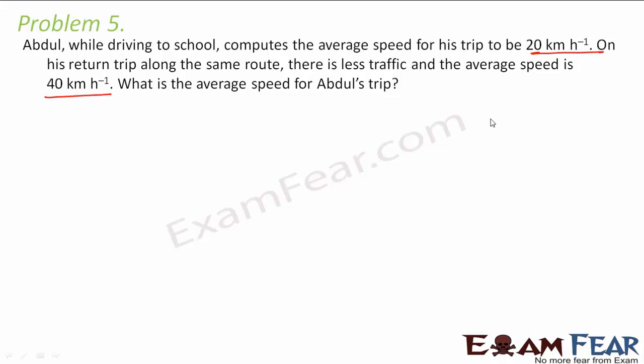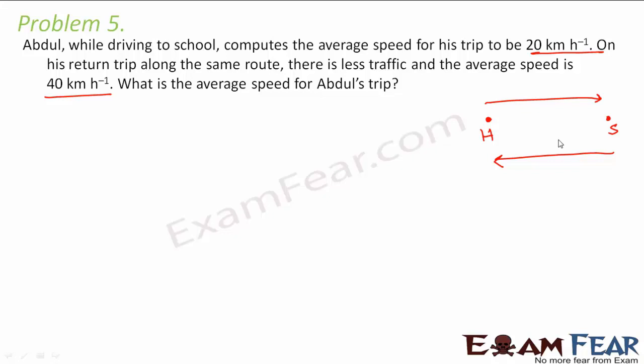That means let us suppose this is his home and this is his school. Now, while going from home to school, his average speed is 20 km per hour. While coming back from school to home, his average speed is 40 km per hour. So, for the entire trip, what is the average speed?